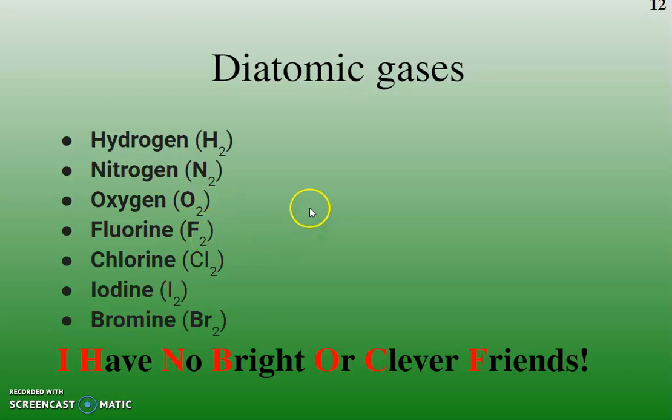When we're doing our reactions coming up in that unit, we always have to write these as the diatomic ones. I came up with a mnemonic. I'm not going to lie, I Googled one. I have no bright or clever friends. So that can help you. If you Google this, there's another mnemonic that I actually like better, but I didn't want to give it to you. You can Google it yourself and see what it is.